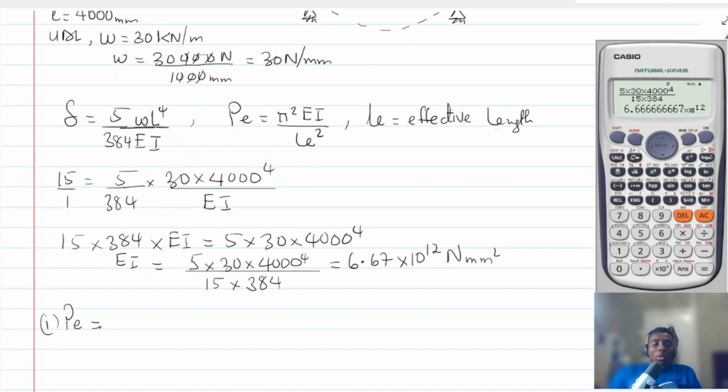So for the first condition, pi squared EI divided by LE squared. So pi squared times 6.67 times 10 to the power 12, all divided by LE squared.